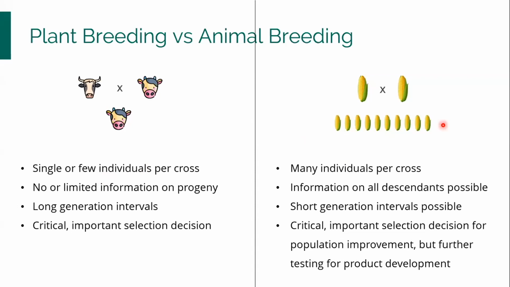Another thing that is quite different and important is that in the case of animals, sometimes they cannot generate information in the progeny. Like we said in the case of bulls, they cannot generate milk records, and there is also very limited information because progeny is limited.